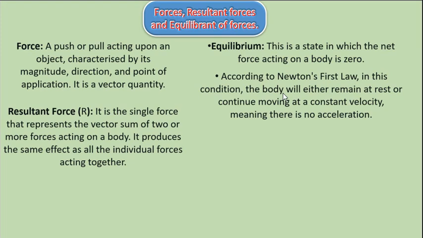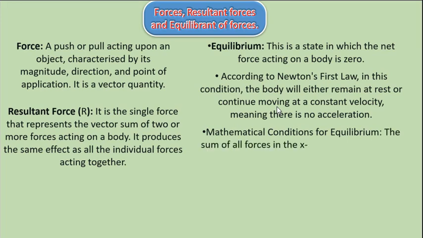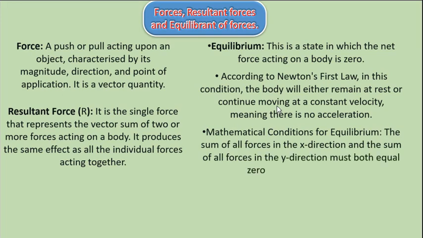Absence of acceleration simply means the system is in equilibrium. So mathematically, the condition for equilibrium is that the sum of all the forces acting along the x-axis will be 0, and the sum of all the forces acting along the y-axis will also be 0. The sum of horizontal forces is 0, and the sum of the vertical forces will also be 0.